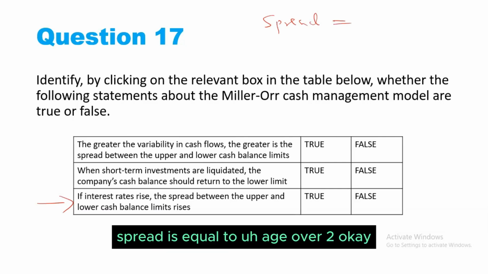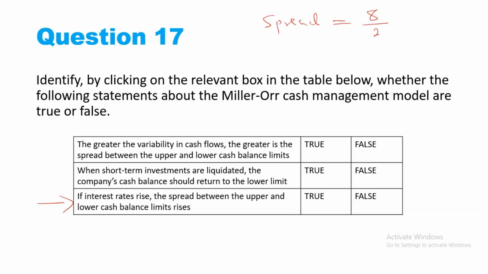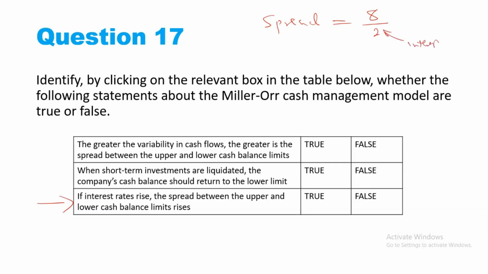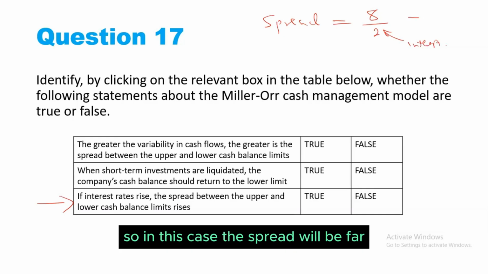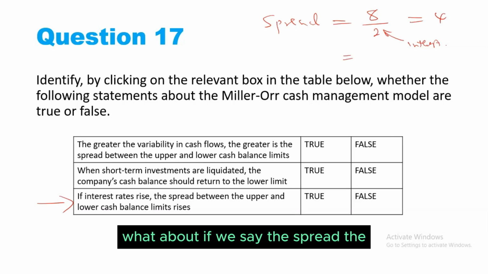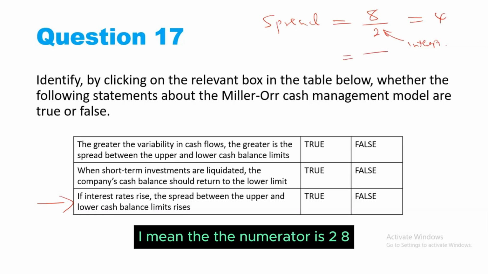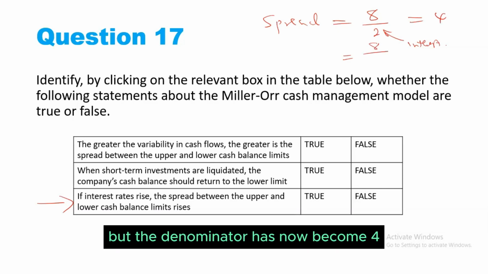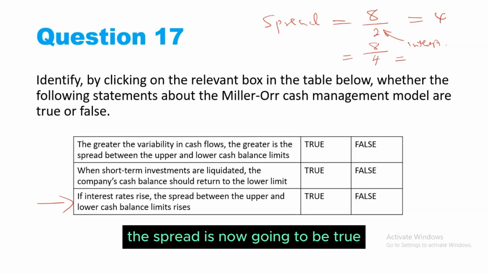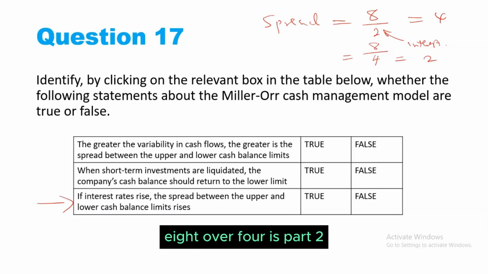Spread is equal to 8/2. Let's say the 2 here is the interest. So in this case, the spread will be 4. What about if the numerator is 8, but the denominator has now become 4? What is going to become of the spread? The spread is now going to be 2. 8/4 is equal to 2.